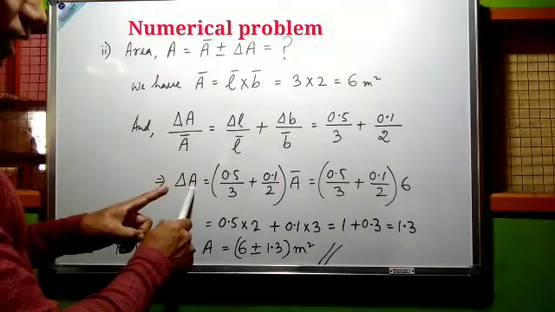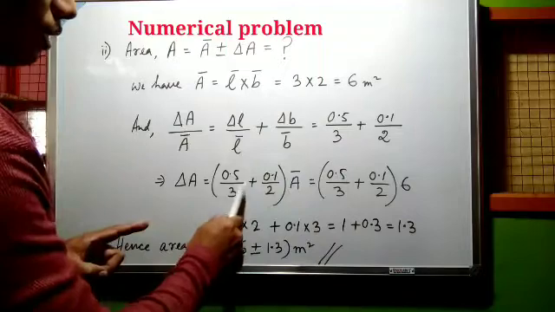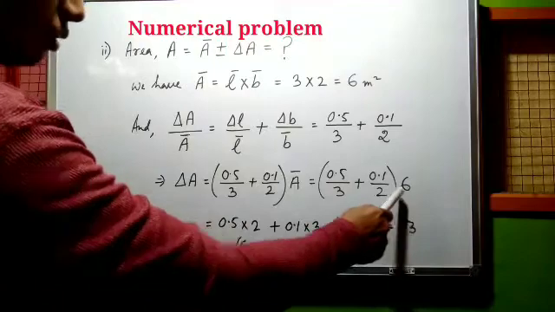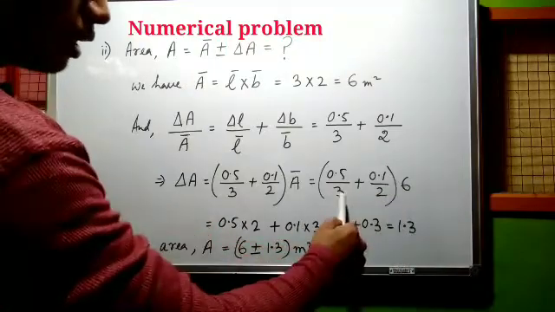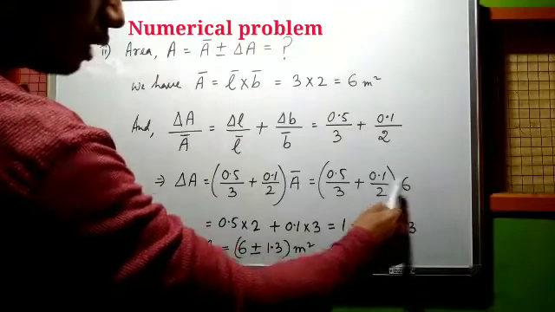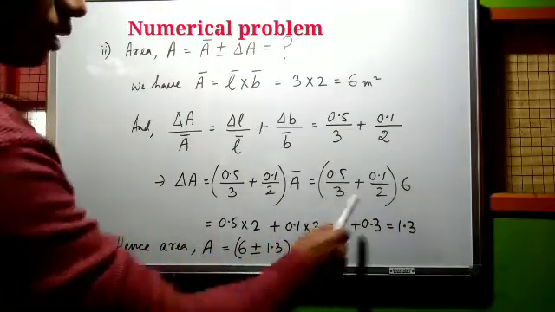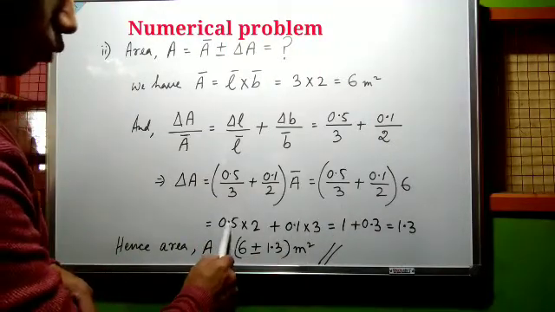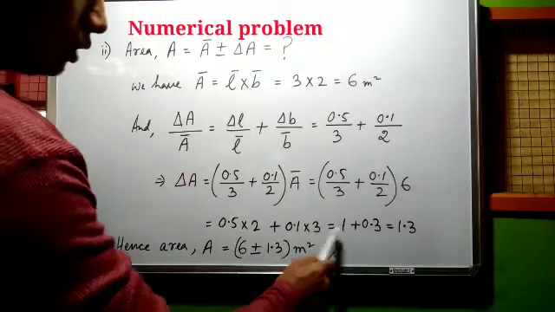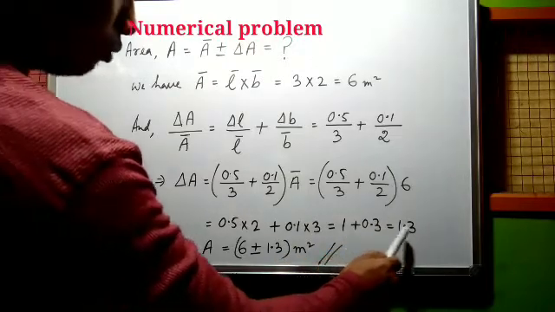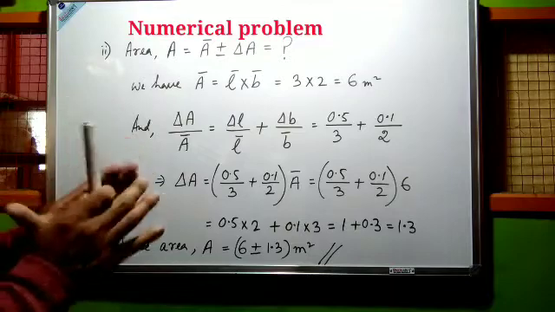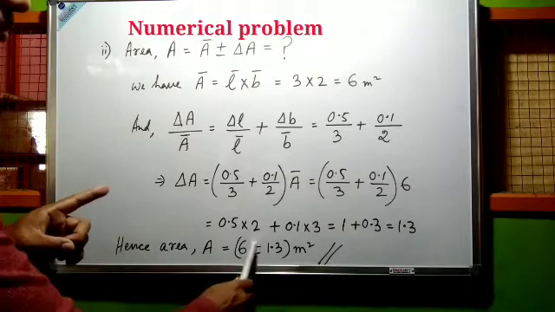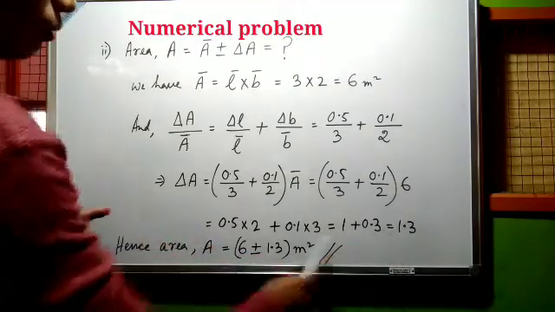Now delta A equals 0.5 by 3 plus 0.1 by 2, into A bar, which is 6. Opening the bracket, 3 cancels with 6 leaving 2 into 0.5, and 2 cancels with 6 leaving 3 into 0.1. So 0.5 into 2 is 1, 0.1 into 3 is 0.3, and 1 plus 0.3 is 1.3. The area of the rectangle should be written as the true value of area, 6, plus minus its absolute error, 1.3.